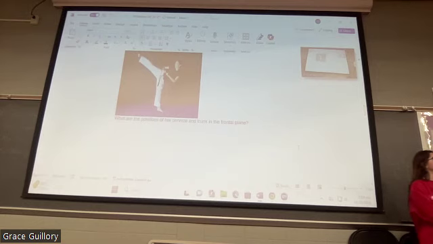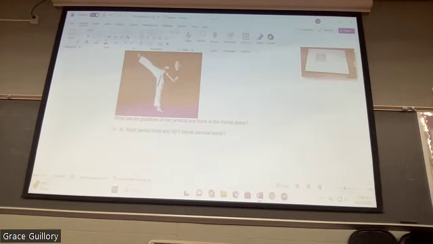Your first answer choice would be right lateral front, and right lateral cervical. And then you can do right lateral trunk.